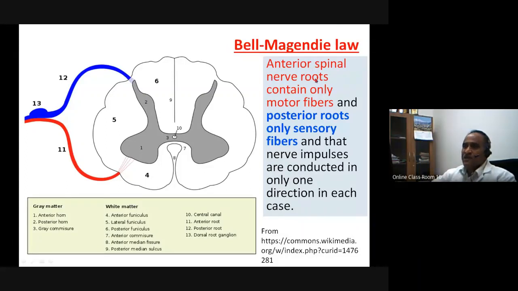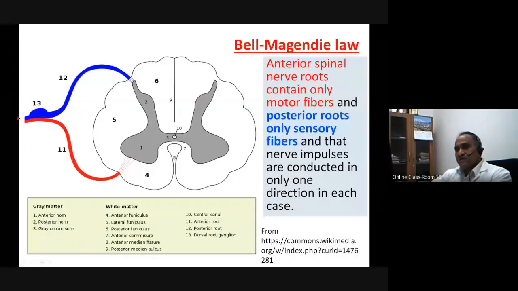The anterior spinal nerve roots contain only motor fibers. This is anterior, the red one, and the posterior roots contain the sensory fibers. And it was mentioned that the nerve impulses in the posterior root are conducted only in one direction.